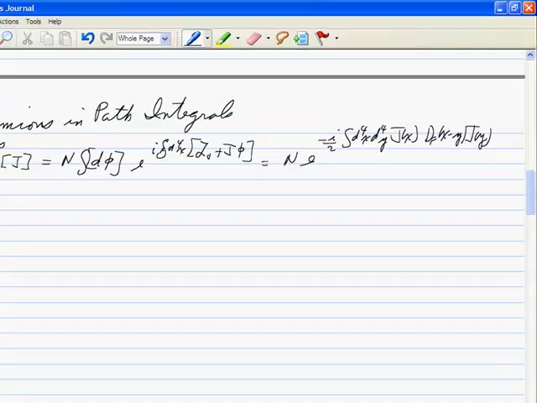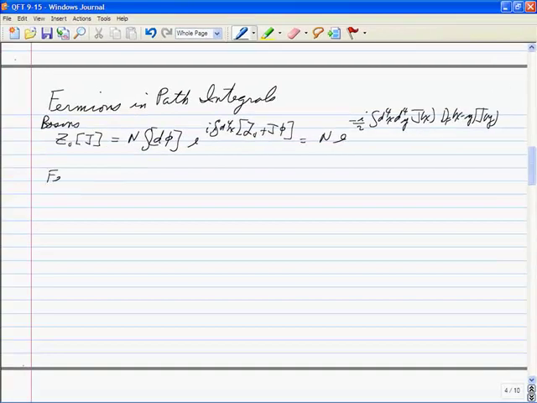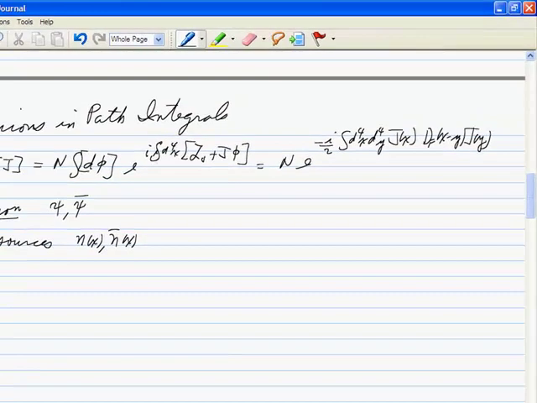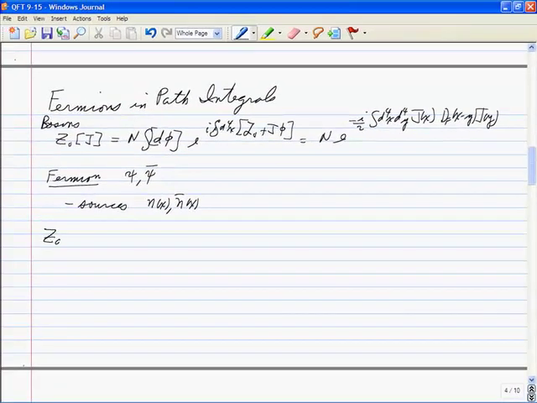For fermions, we want to do the same thing. Let me tell you the answer before we work through a derivation. We're going to want sources. We have two fields, psi and psi bar, so we'll have sources that we'll call eta of x, eta bar of x. And we'd like to have an answer that comes out similar.